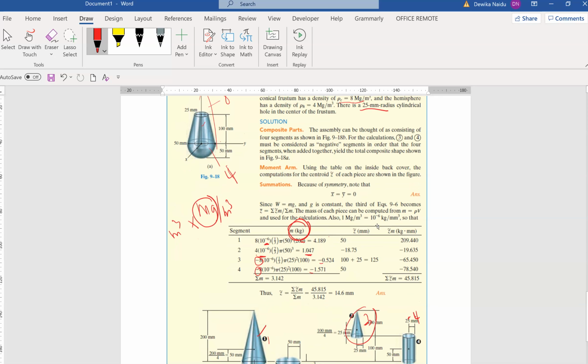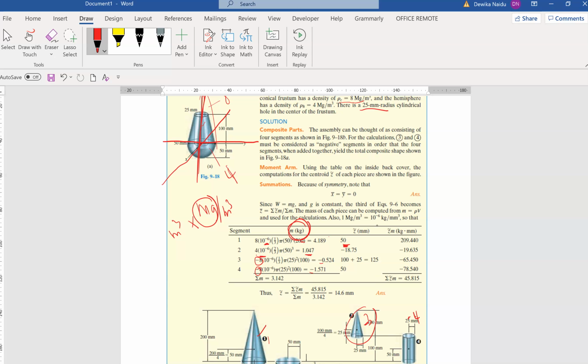Since this is symmetrical, when you look at the y-axis, it is actually running through the middle. If you look through the x-axis, it's symmetrical with the x-axis, and it's also symmetrical with the y-axis. But the only thing that is differing here is the z-axis. So that's the reason why they are only looking for the centroid for the z-axis.